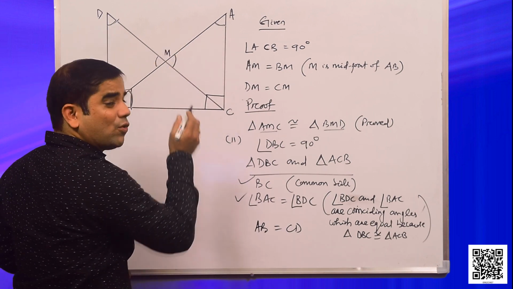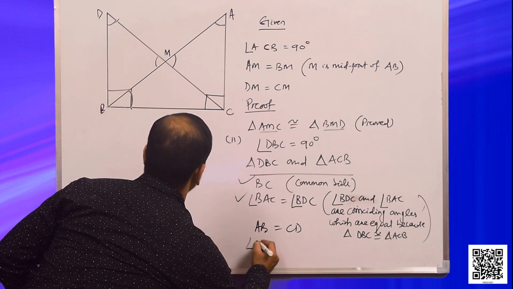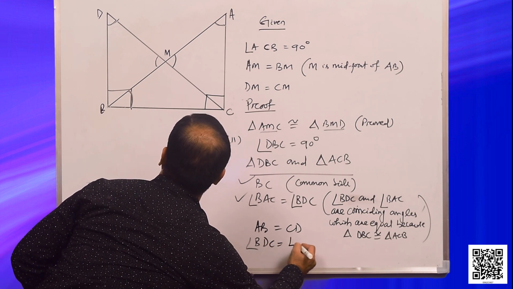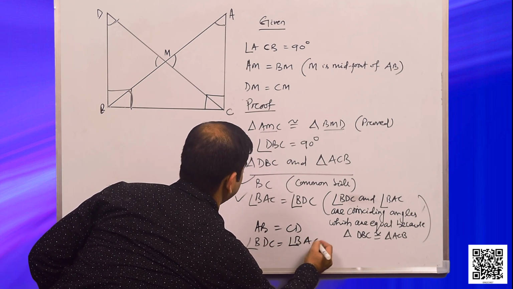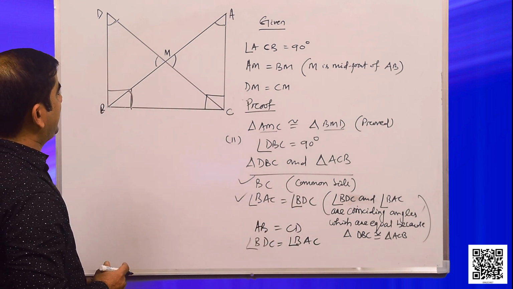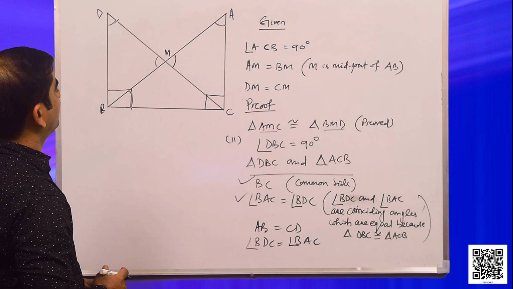That means they are equal to each other. So we have angle BDC is equal to angle BAC.